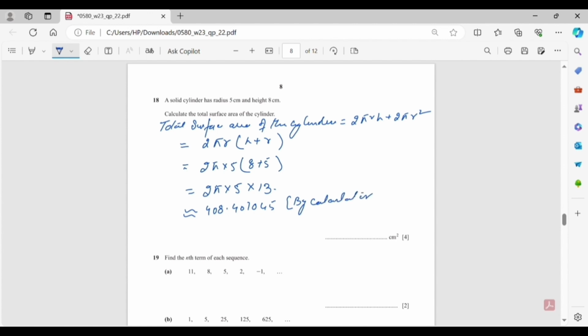So the total surface area will be equal to 408 centimeter square. So our answer is 408. Right? Next is the 19th.